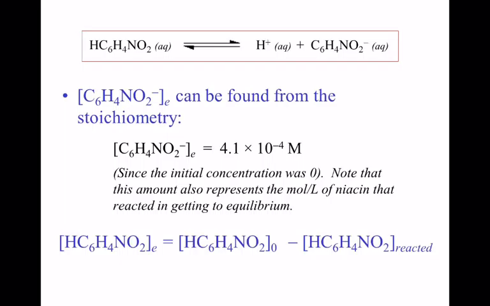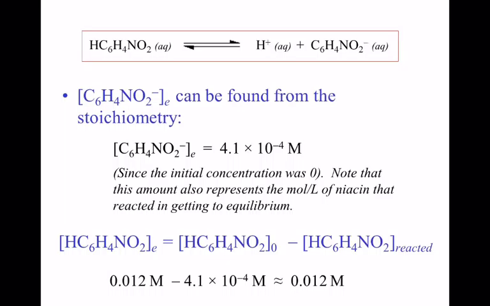Honestly, in this case, this change is not even a blip to make an effect. If you put this into your calculator, take 0.012 minus 4.1 times 10 to the minus 4th and round according to 3 decimals, you're going to get 0.012 back, if you apply the rules of rounding like we know we need to do. So that's pretty cool. 0.012 moles per liter.